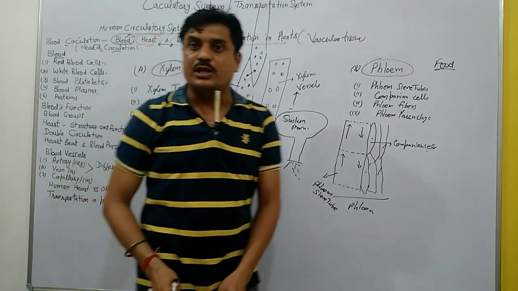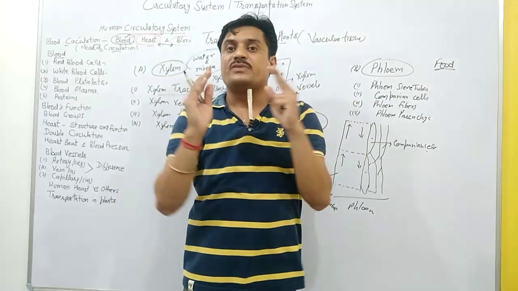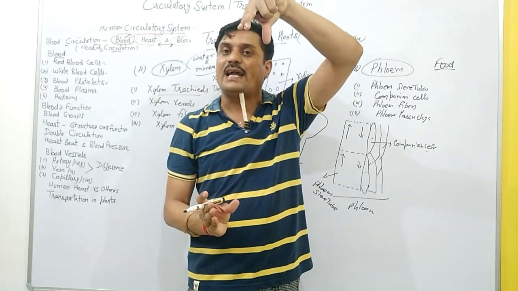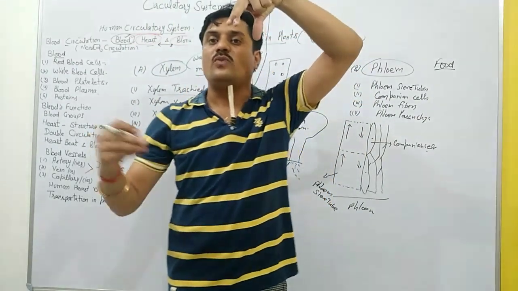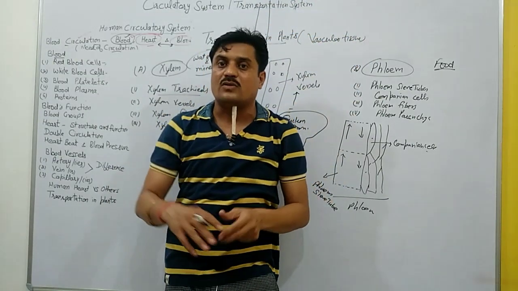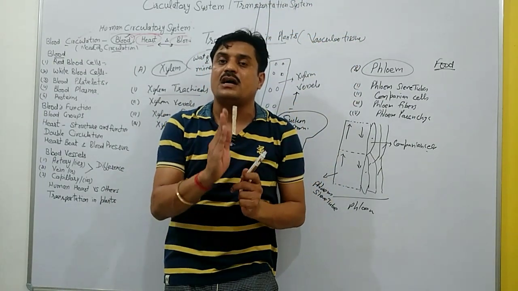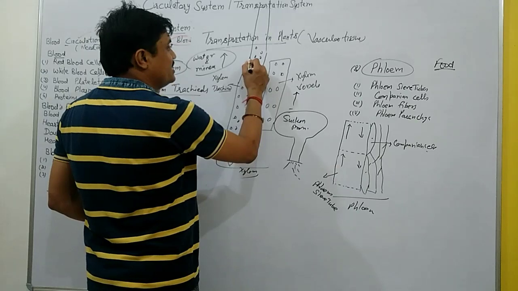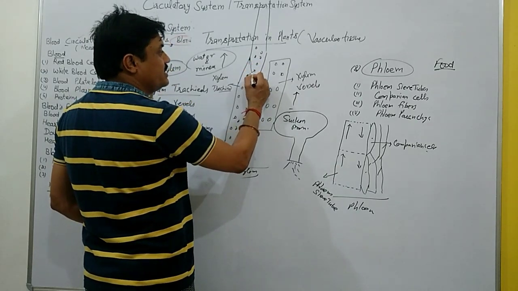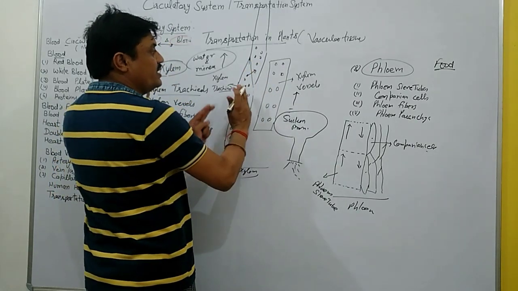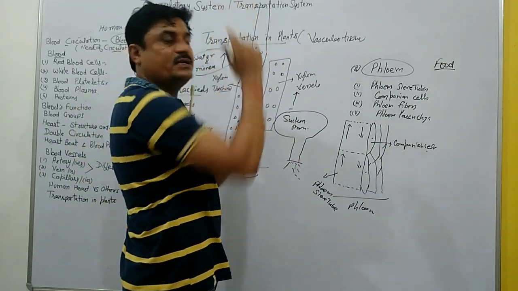There is not a complete single column throughout. These tracheids are blind at both ends. They have holes in them. Water enters into the holes and keeps on rising up, and when this tracheid ends, it enters into another tracheid, and in this way, in a systematic manner, water keeps on rising.